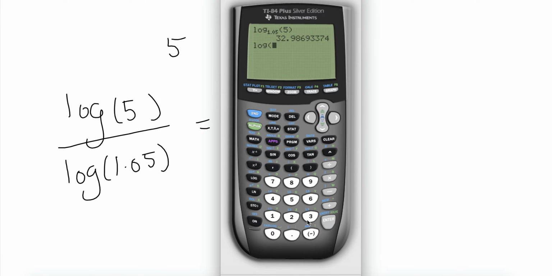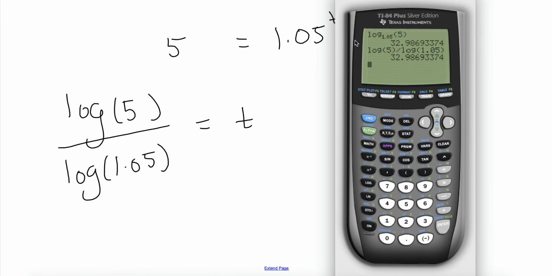Or what I would just go for is log 5 divided by log 1.05. You'd get the same answer anyways. So this is 32.98, so that's about 33 weeks.